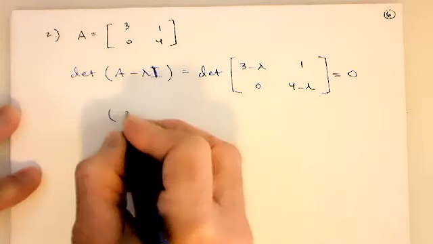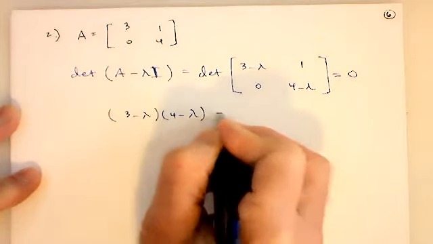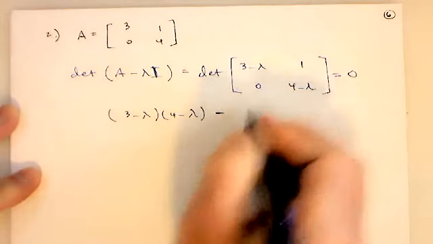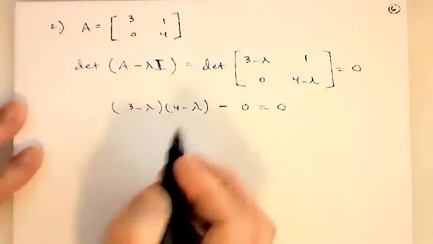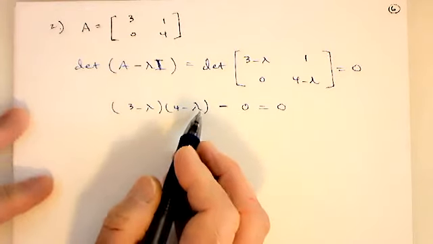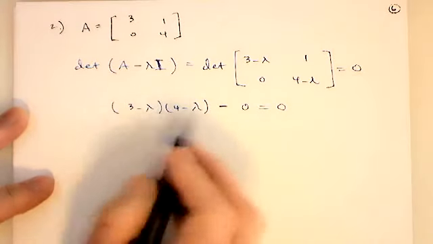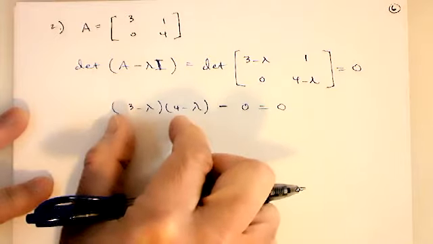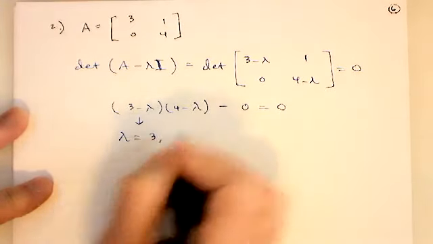My determinant would be 3 minus lambda times 4 minus lambda minus the product of the off diagonal, but 1 times 0 is just 0. And look, in this case, if that's 0, there's no reason to FOIL this out. That means I have this times this equals 0. I can see my eigenvalues right away.